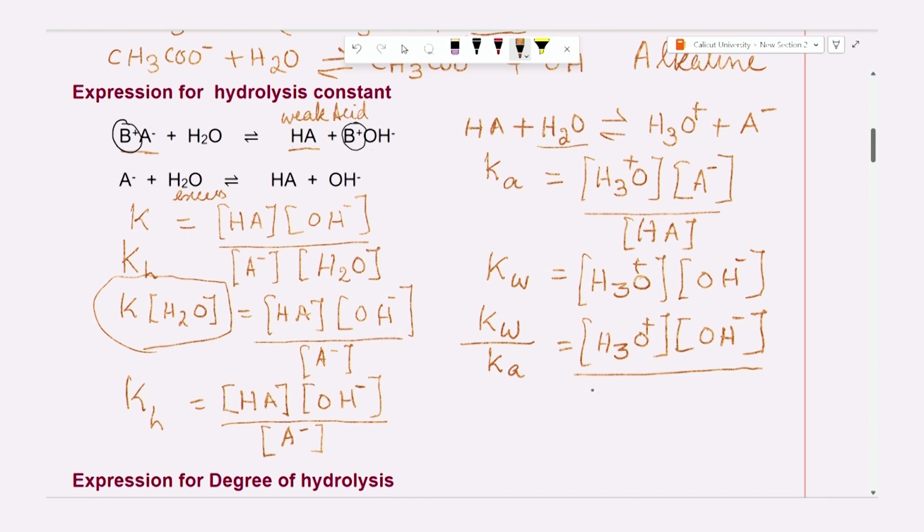We have H3O plus into concentration of A minus, divided by HA, which goes to the numerator. So, I will put it as HA.